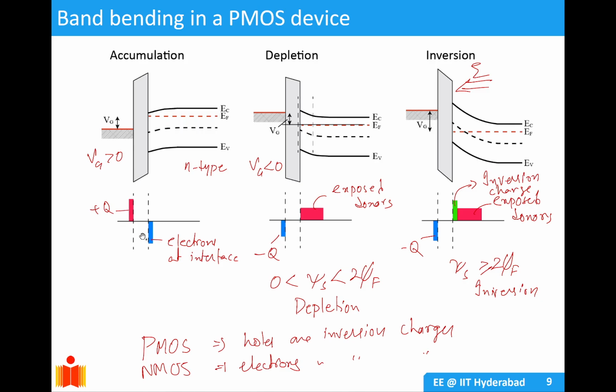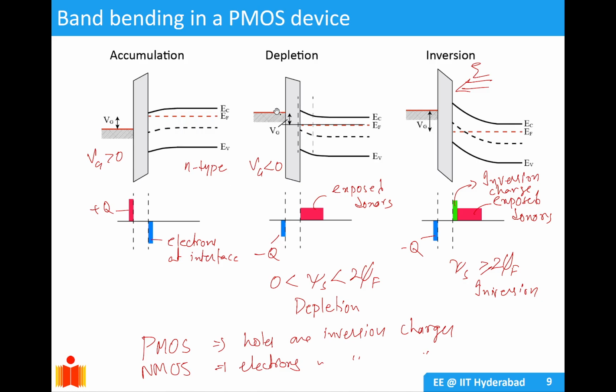This is how your charge distribution will look: a very thin layer at the interface, plus q charges because of the positive voltage given at the metal, and minus q charges due to electron accumulation.